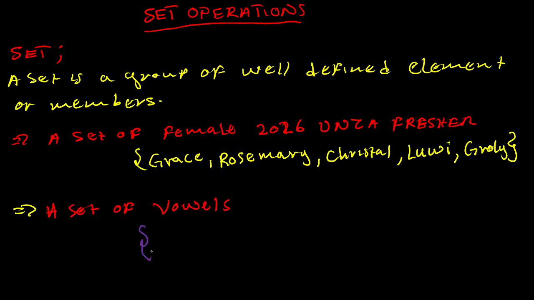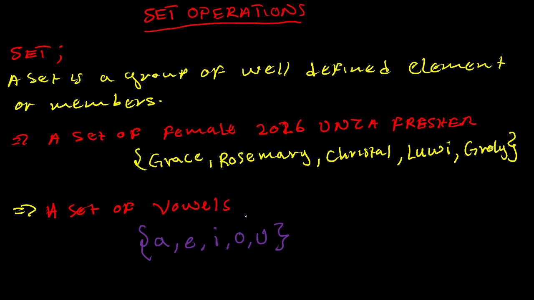A set of vowels: A, E, I, O, U. I remember when I was teaching at one of the private schools before I came to Unza, I would hear children singing A, E, I, O, U every morning.